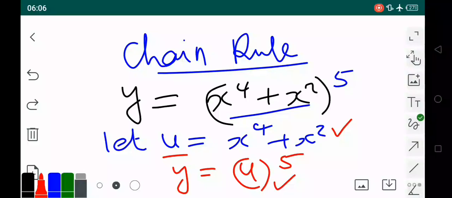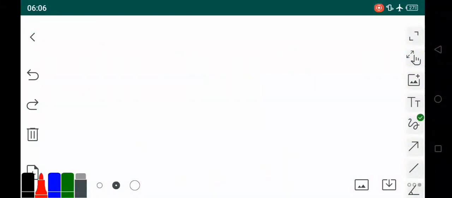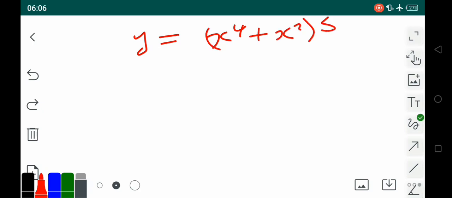So what you can do now is say that y equals x to the power 4 plus x to the power 2, all to the power 5, and we have said that u equals x to the power 4 plus x to the power 2, okay?